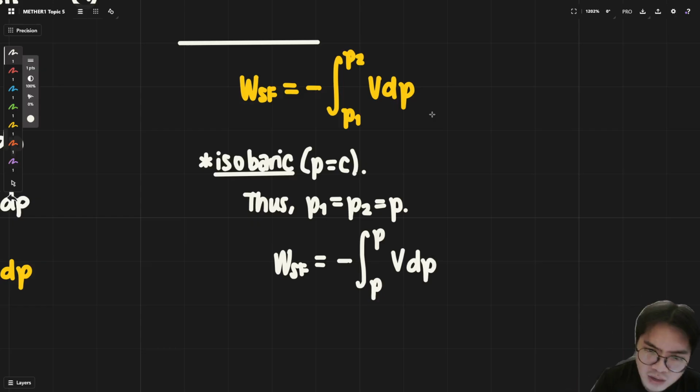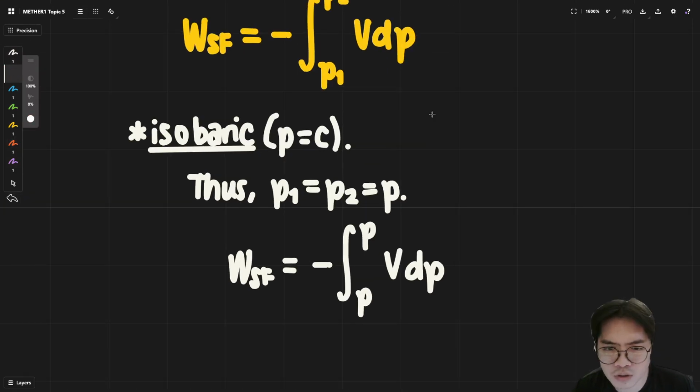volume times dP. So you might be thinking, wait a second, what is the integral of anything? I don't even care anymore what the relationship is between P and V. The fact that your P remains constant means that the bounds are going to be the same.